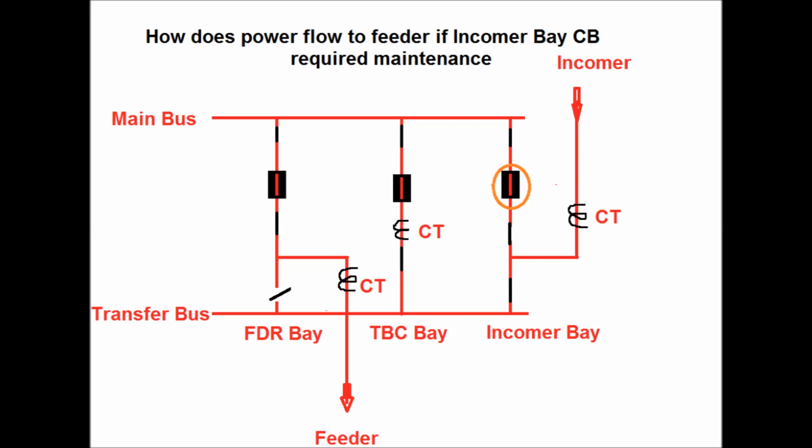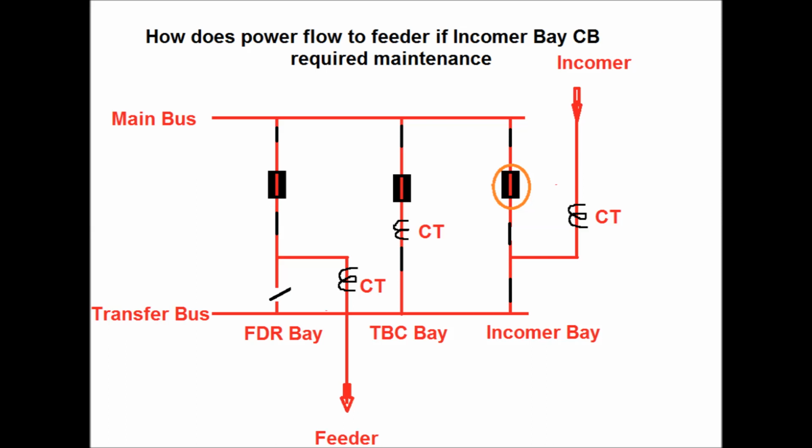So without taking a shutdown, the incomer bay can be shut down by first diverting it to the TBC bay of the substation. First we have to close the TBI or transfer bus side isolator of the incomer bay. Then we have to close the isolator of the TBC bay, and then move the switch position of the normal inter-transfer switch in the incomer bay panel towards the inter-transfer position.